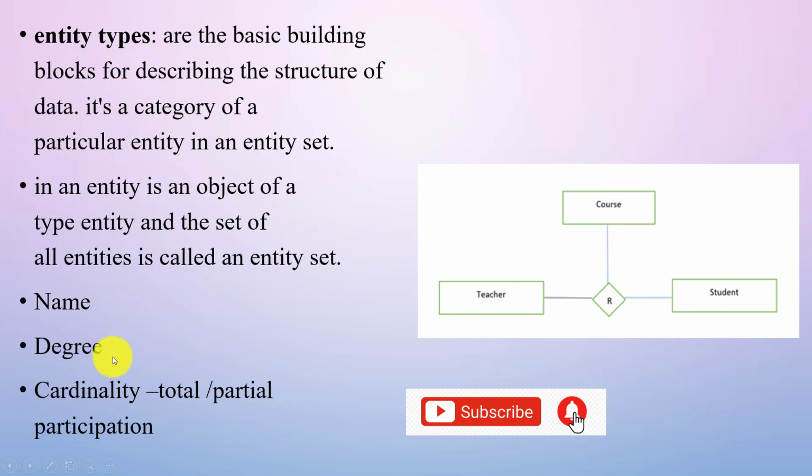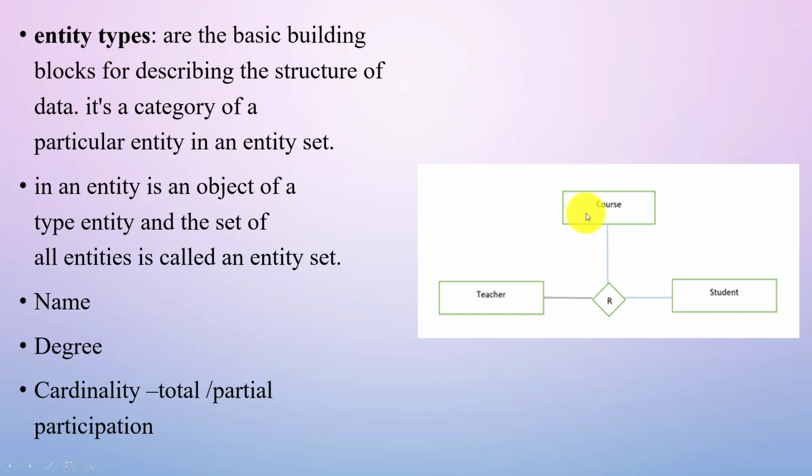What is meant by degree? Degree is the number of entity sets that participate in the ER schema. In this diagram three entity sets participate, so the degree of this ER becomes 3. So the total number of entities participating in the ER schema is the degree. Now what is cardinality?